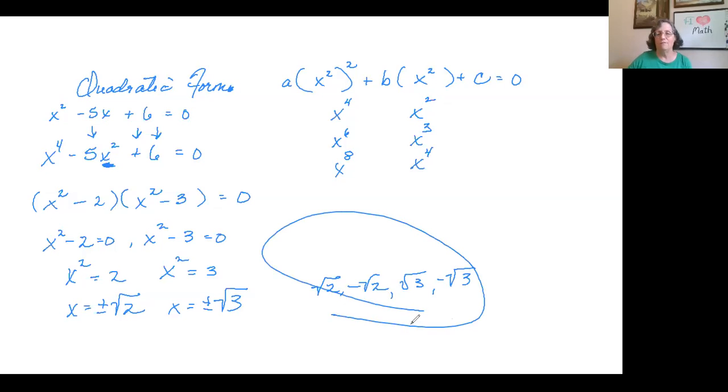So that's a quadratic form type problem. Those are trickier. It is possible to have something where you have to use the quadratic formula on those. If you do, the quadratic formula is giving you x squared equals negative b plus or minus, et cetera, et cetera. And when you get to the end, you still have to take plus or minus the square root.